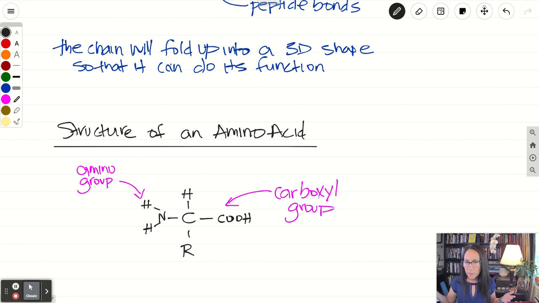There are 20 different amino acids, which means there are 20 different R groups. Okay, so I'm just going to put this as a variable group. Variable, it varies depending on which amino acid you're talking about. So this is the plain structure of each amino acid.